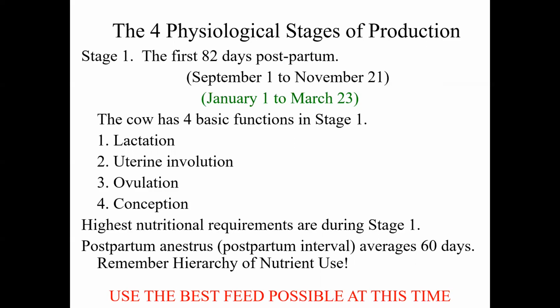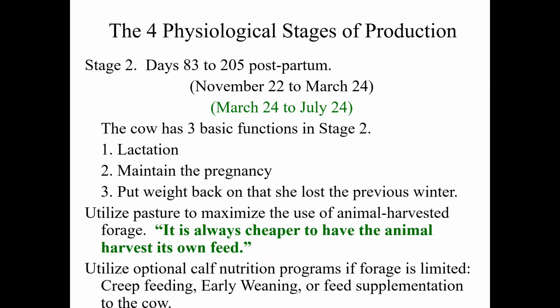We need to feed the best feeds possible during this time so that the cow can go through all of these 4 basic functions so that she can rebreed within the first 82 days to calve on the same date the following year.